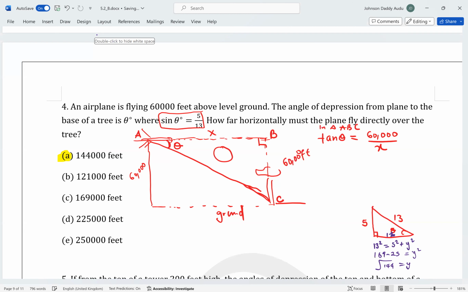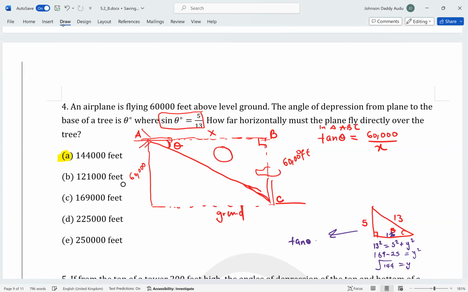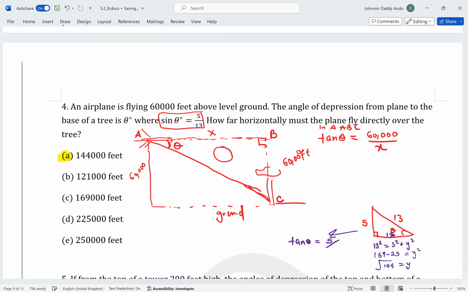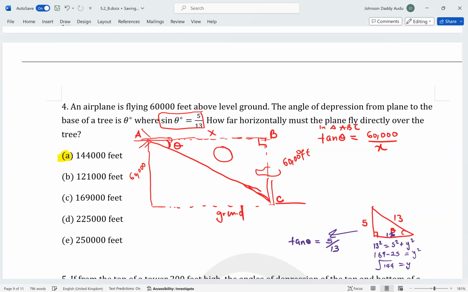And so what that simply means is that from here, we can find tan theta. What will be tan theta from here? Tan theta from here is going to be 5 over 12.